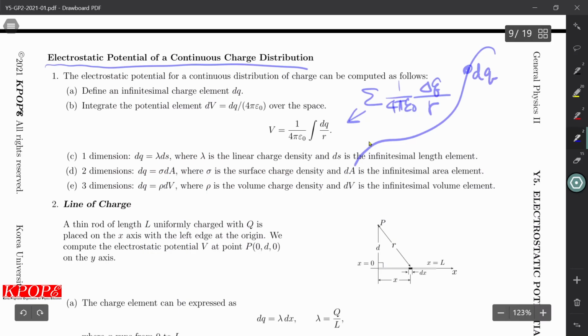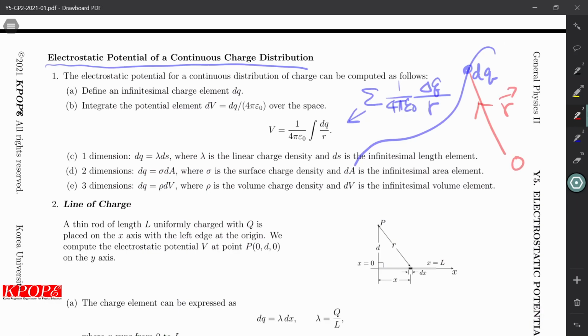Small dq is placed at r, and this is the field point. Here, this is a scalar. Because a scalar is much easier to treat than a vector, computation of the electrostatic potential is much easier than the direct computation of the electric field.